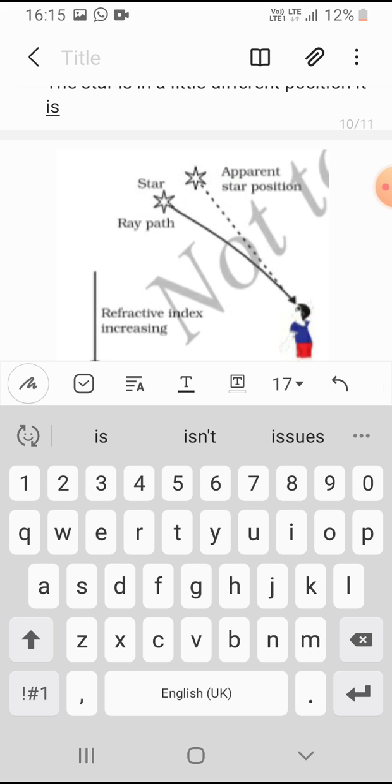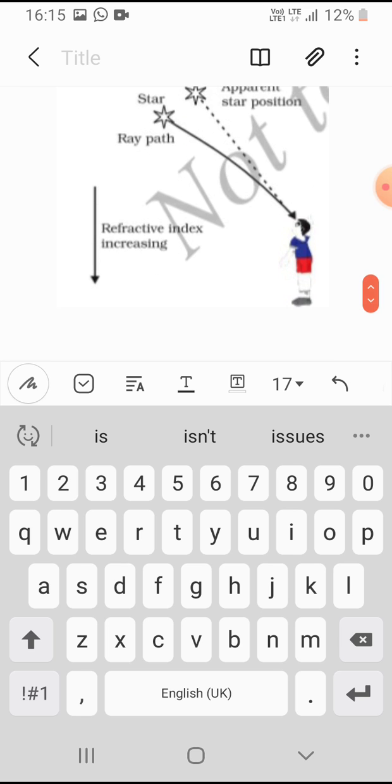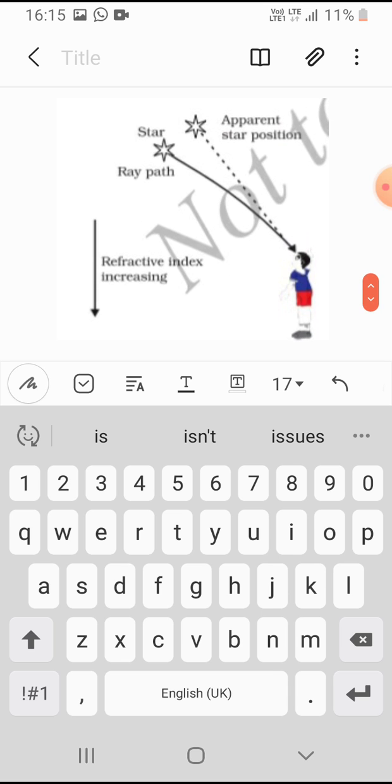So by that refraction, the refractive index increases because the light is coming towards the earth. The ray comes from here, and when we see the star, we feel that the star is shining from there, but the star is a little far from there.